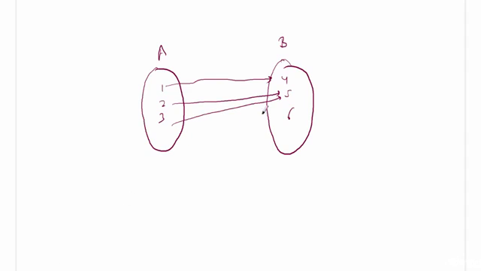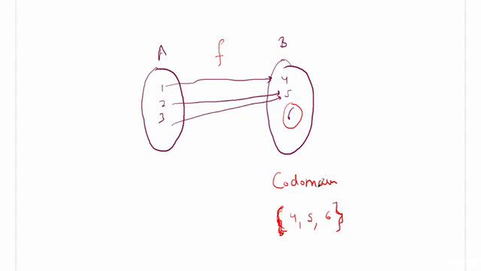We can see that element 6 from set B was left unmapped, still we will say that the codomain of this function from A to B is {4, 5, 6}, in curly brackets.